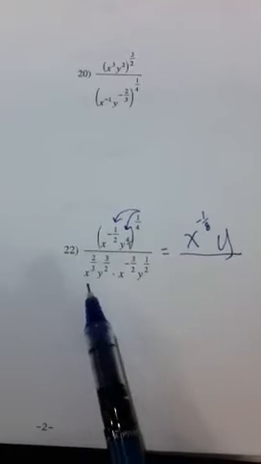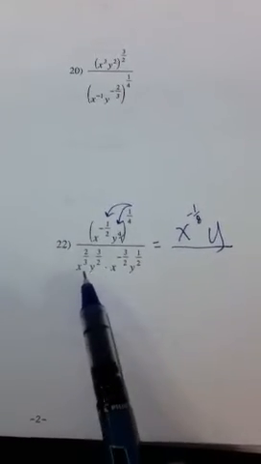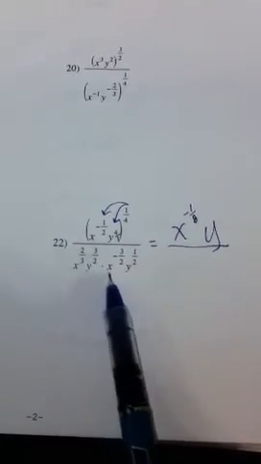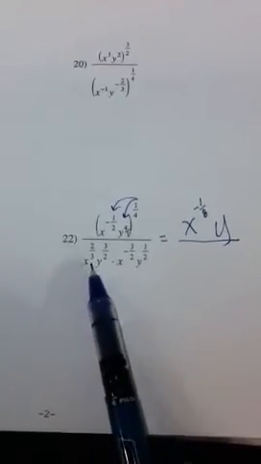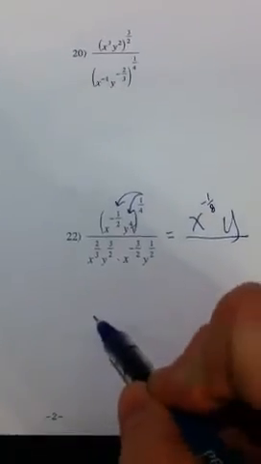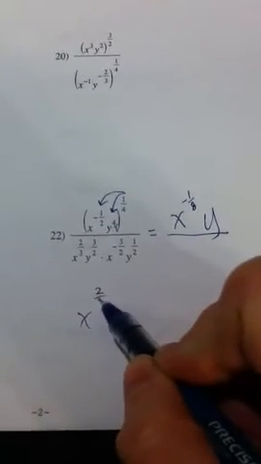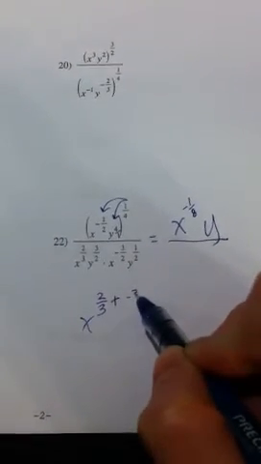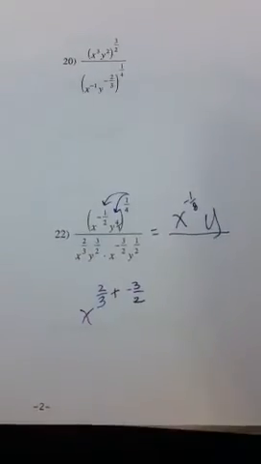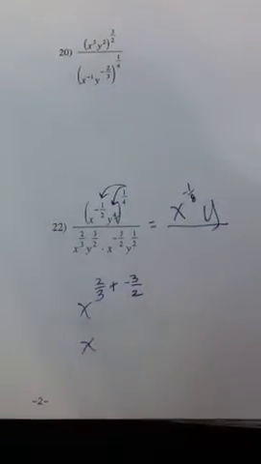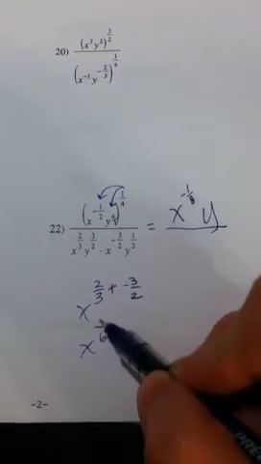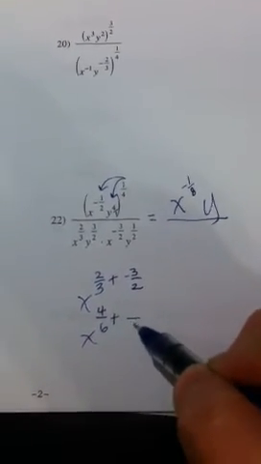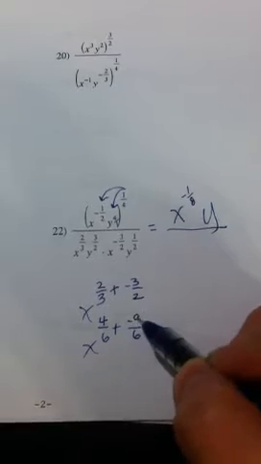On the bottom, I'm going to go ahead and add my exponents. You have 2 x's and you have 2 y's, and they're all being multiplied. So for the x's, I have 2/3 plus negative 3/2. We have to work out the common denominator again. Looks like it's a 6. So this becomes 4/6 and negative 9/6.